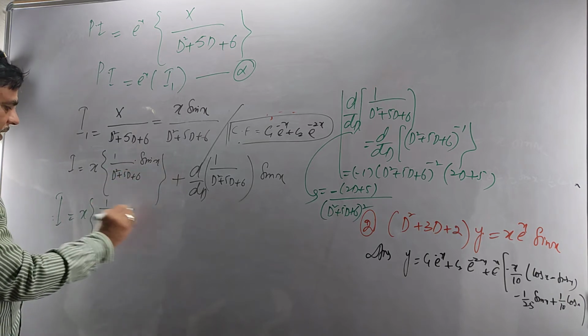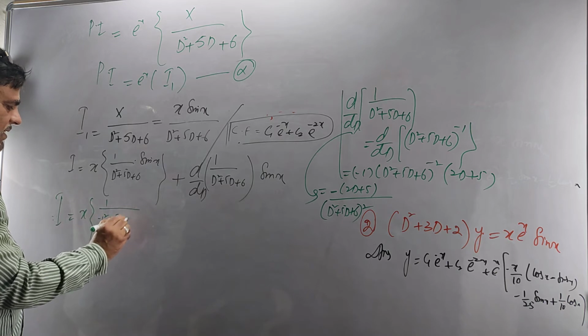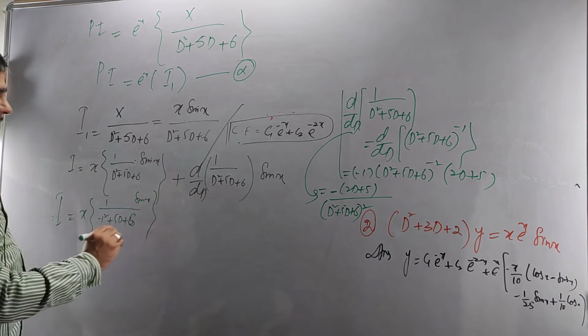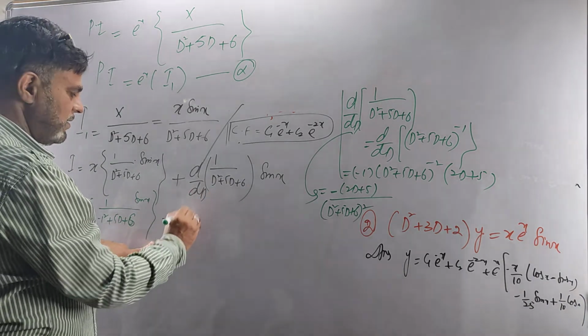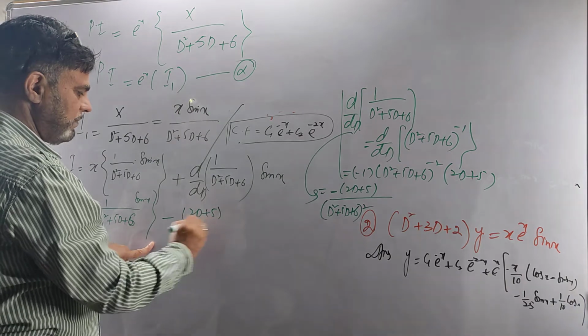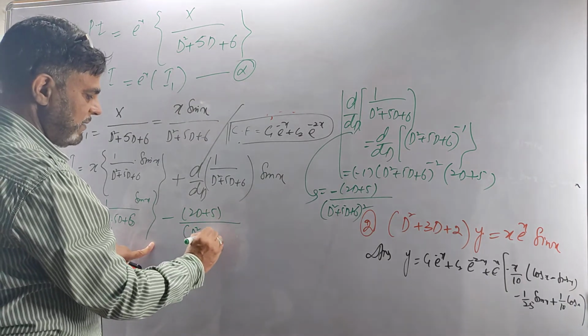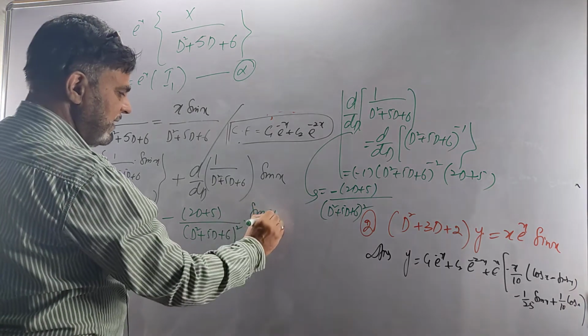So it is 1 by (minus 1 square plus 5d plus 6) into sine x. Then the derivative term is minus (2d plus 5) by (d square plus 5d plus 6) whole square into sine x.